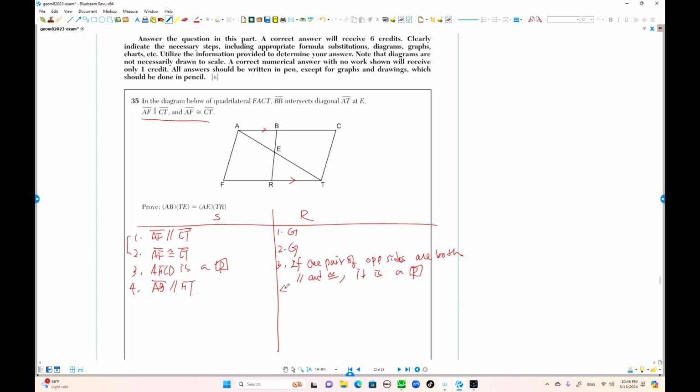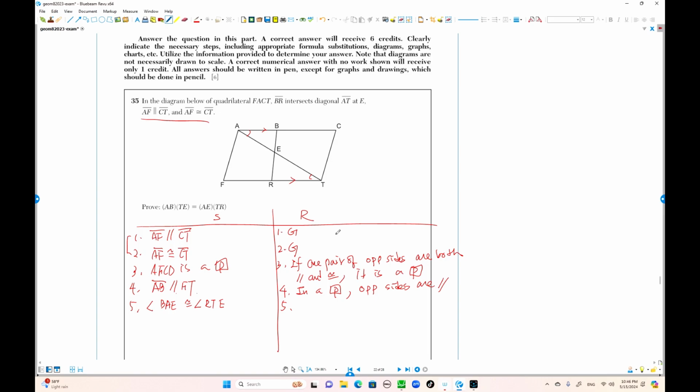So what is that? In a parallelogram, opposite sides are parallel. Using this, we can see angle BAE is congruent to angle RTE, right? What is that?